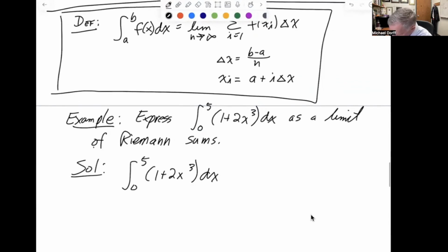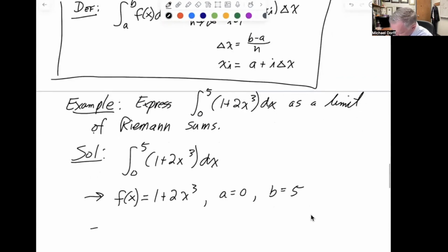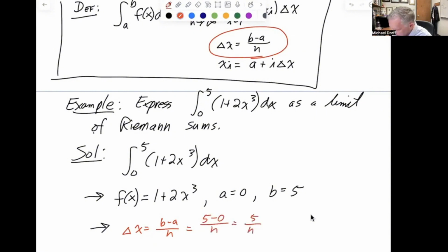So this is telling me that my function, my integrand, is 1 plus 2x cubed. My a is 0, and my b is 5. All right. So then I use the fact that delta x equals b minus a over n. And so I'm going to get 5 minus 0 over n, or 5 over n, is delta x.